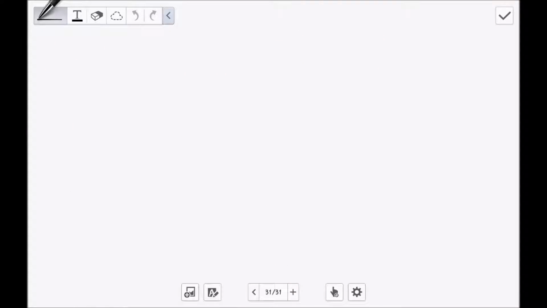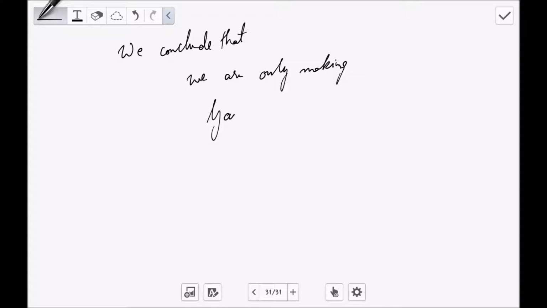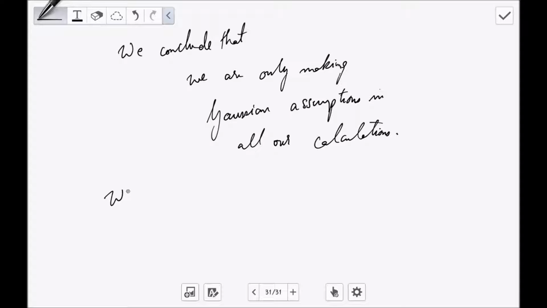Okay, so what is the conclusion? We conclude that from all this, we are only making Gaussian assumptions in all our calculations, isn't it? Because we assumed a Gaussian distribution, or a normal distribution, and derived all this.